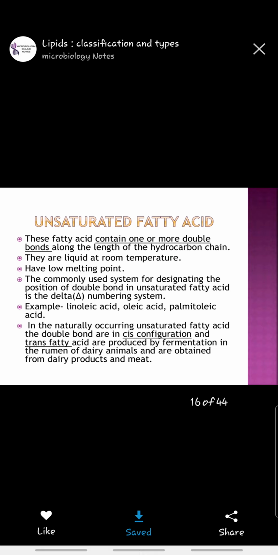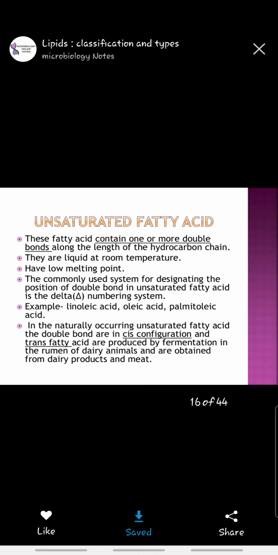The commonly used system for designating the position of double bonds in unsaturated fatty acid is the delta numbering system. Okay, what do you mean by the delta numbering system? Just for clarification, the delta numbering system is defined as a carboxylic acid with a long aliphatic chain in either numbering scheme.